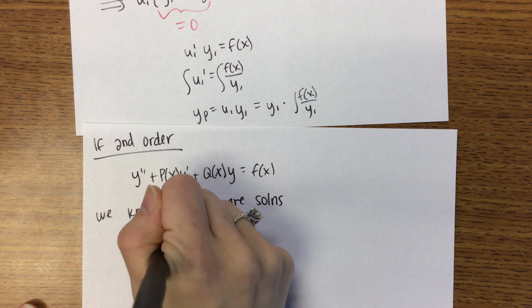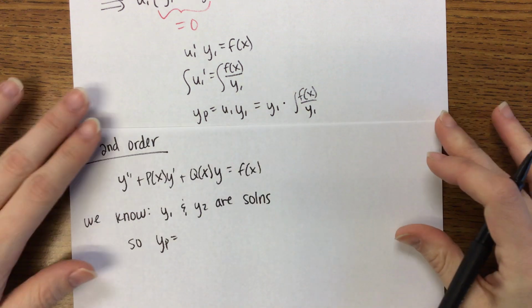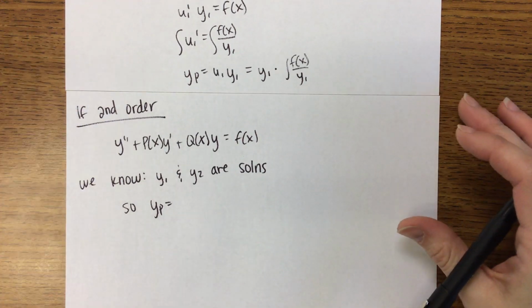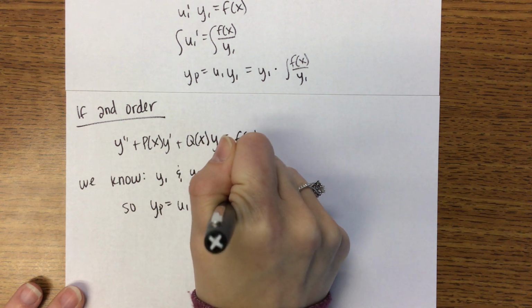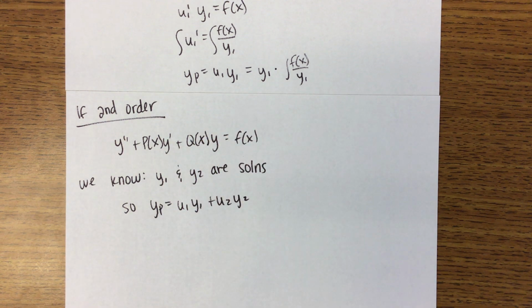Okay, so then our particular solution in this case will be u1 y1 plus u2 y2. We need to find the u1 and u2 so that we can find the particular solution.